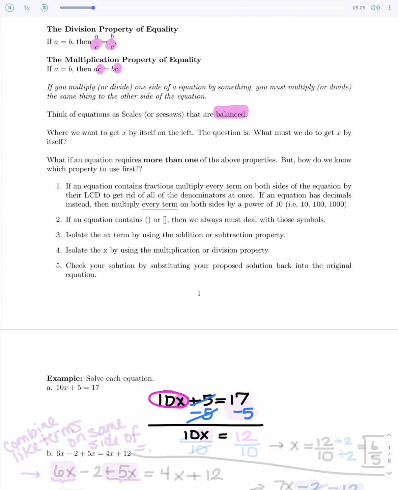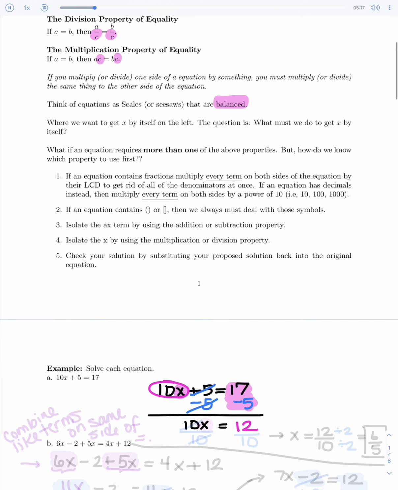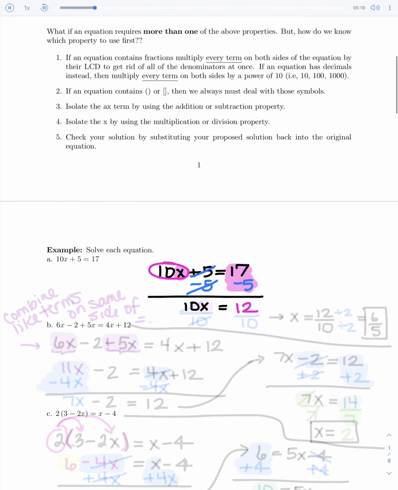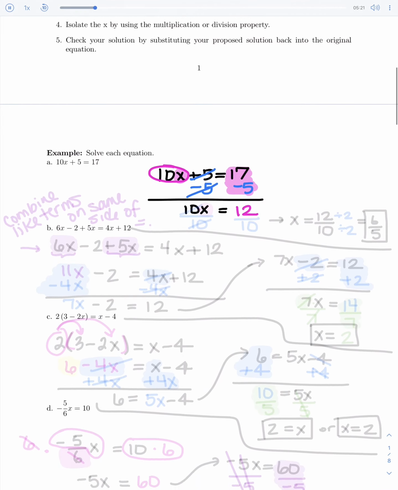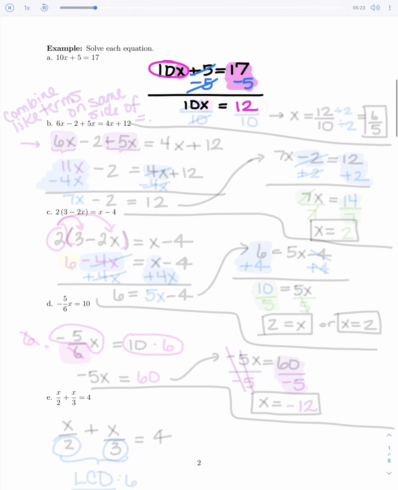We haven't done anything with that. And now on the right-hand side, we have a 17 minus a 5, which is now going to give us a positive 12. Now, the only thing I need to get rid of now is that 10 in front of the x. The question is, what's between the 10 and the x?